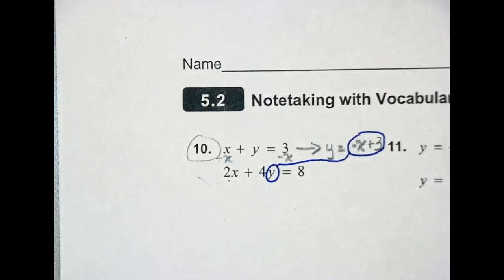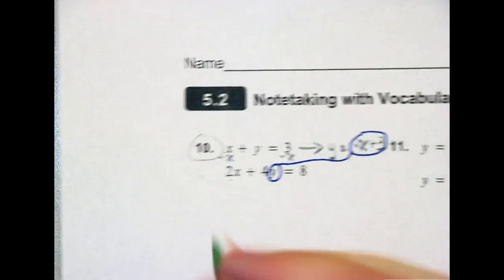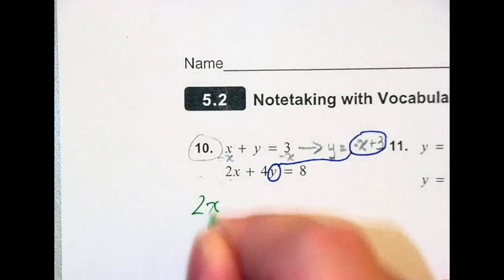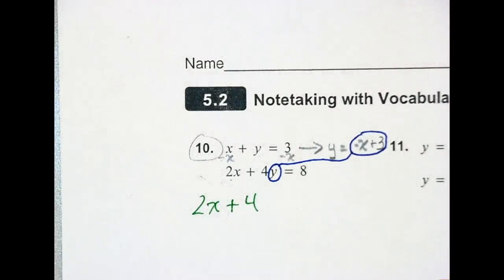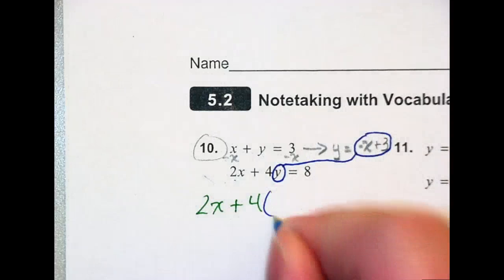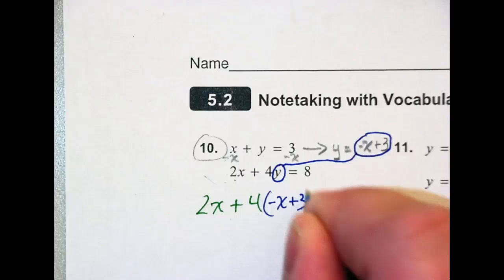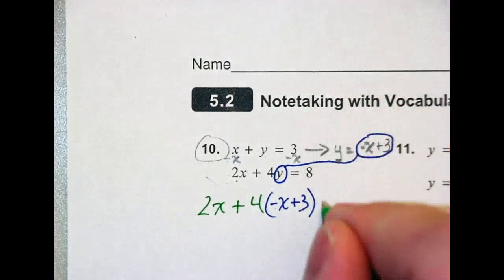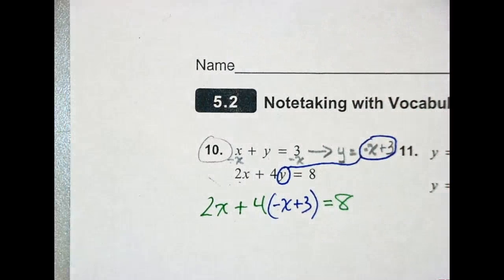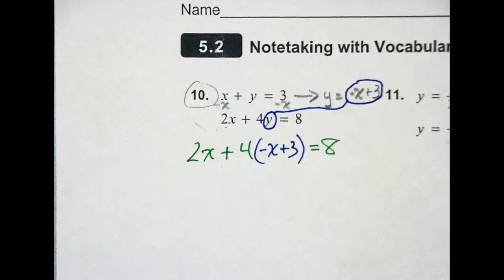All right, so I have 2x plus 4, and then y becomes negative x plus 3. And that's going to equal my 8. From there, I distribute this, right? Check it out.